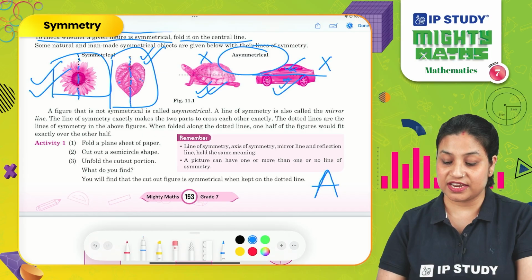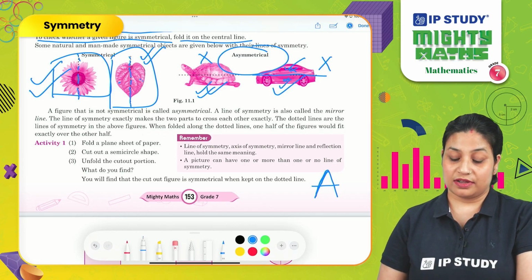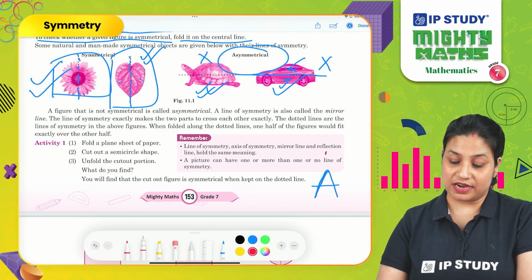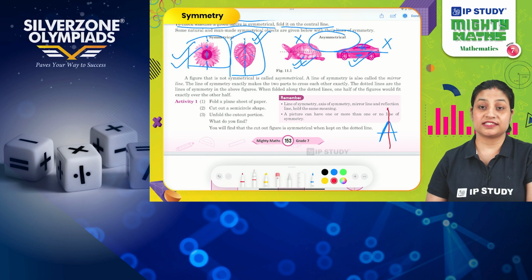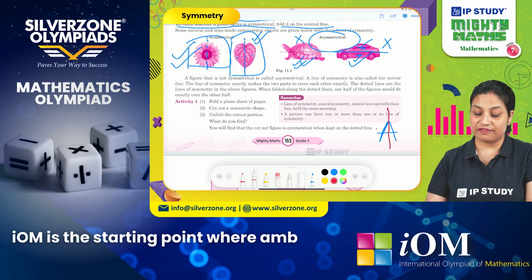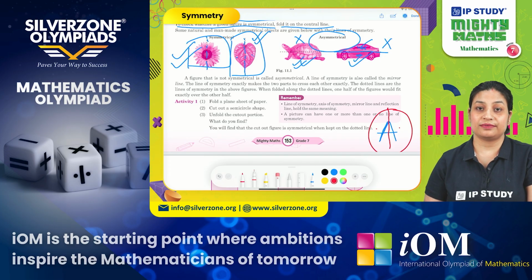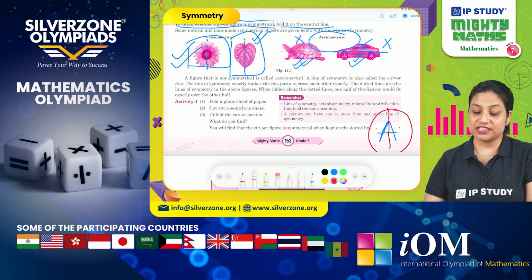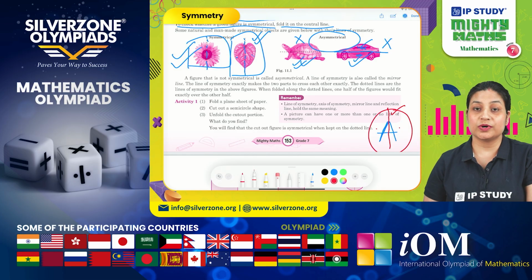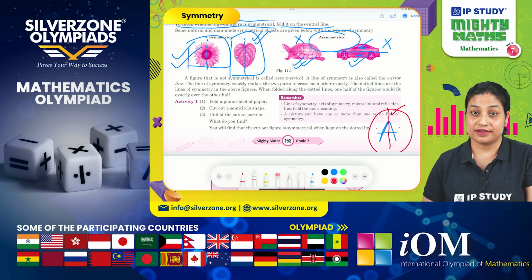I have this letter A with me. Now, if I draw a line like this, a line of symmetry, I can see the left part and the right part are identical to each other. So I can say alphabet A is symmetrical, right? For this alphabet A, we have a vertical line of symmetry, right?